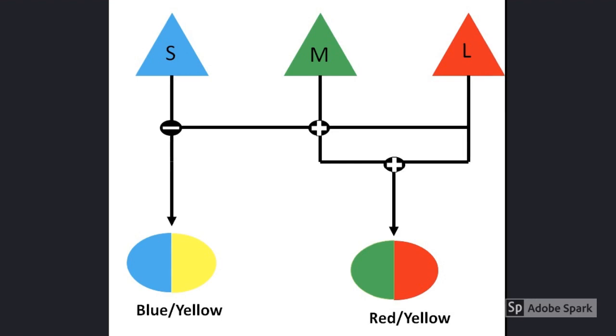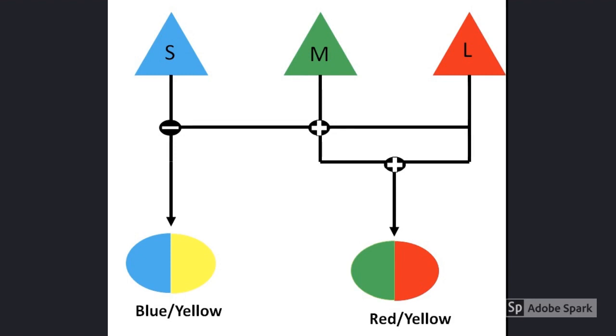And when you combine red and green light, you perceive yellow. So we call these yellow sensitive cells: they're excited by either red or green light, and the thing that contains both red and green light is yellow light.